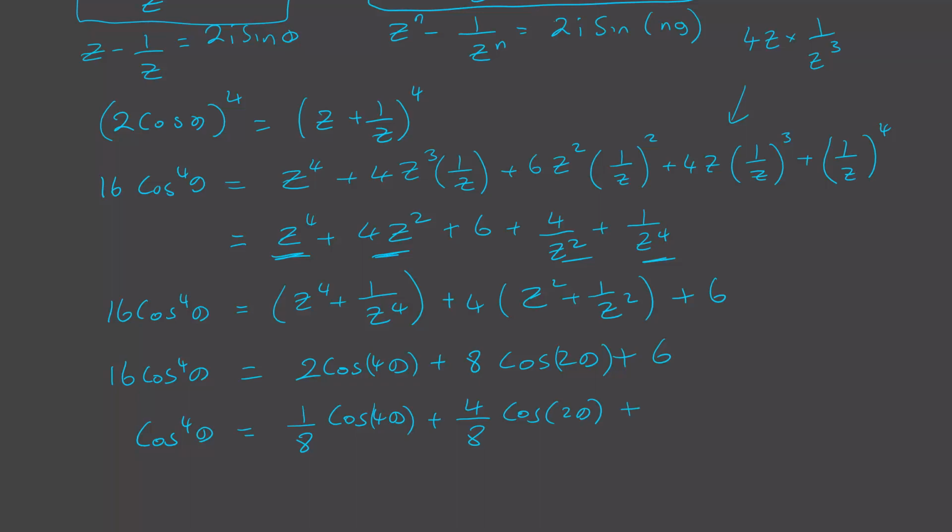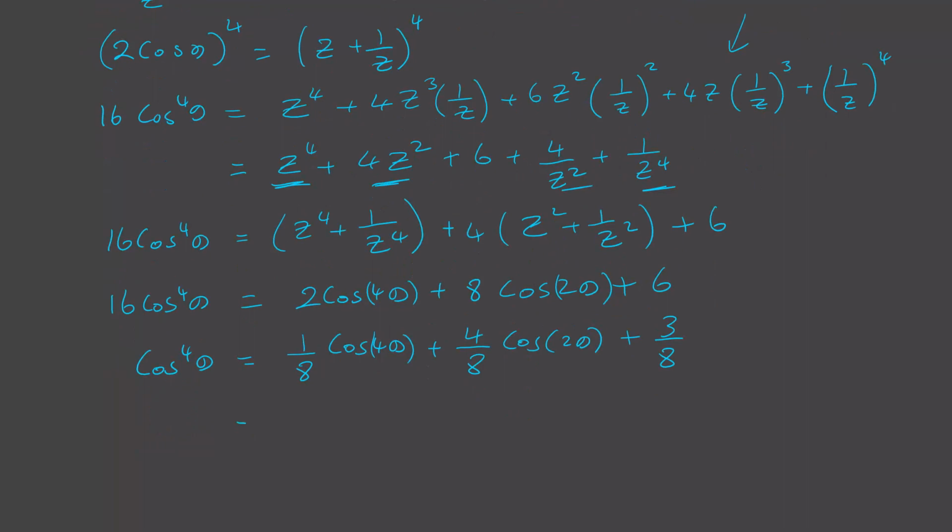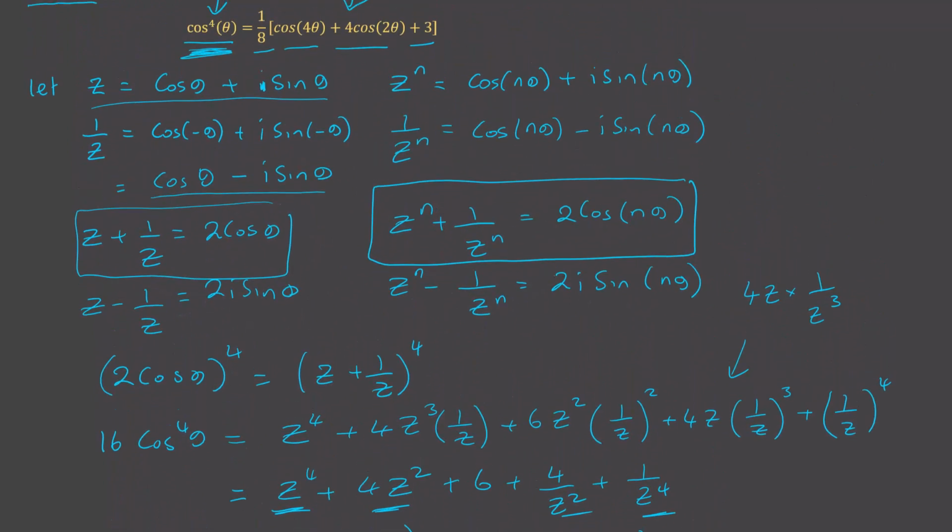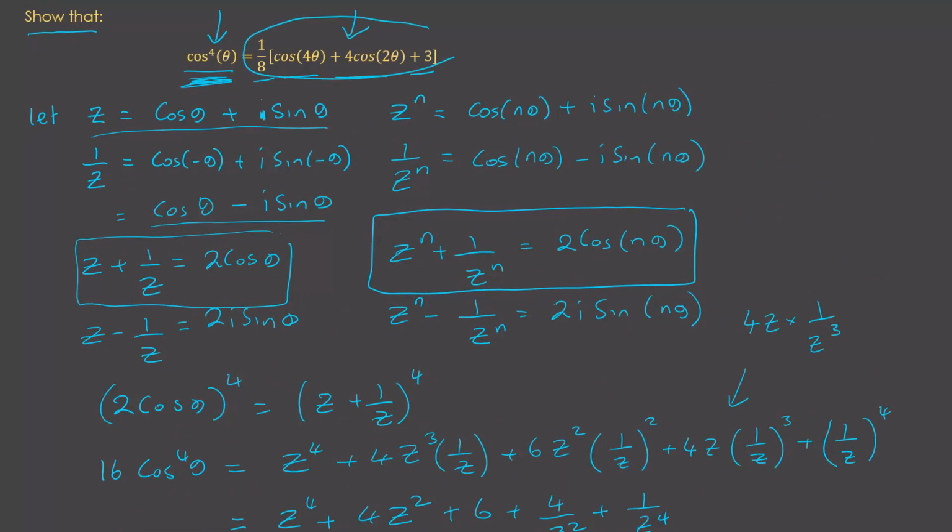And then 6 over 16, which is 3 over 8. And then I can take a 1/8 out and have cos 4 theta plus 4 cos 2 theta plus 3. And if we go back up to the top, that's what I was trying to show.